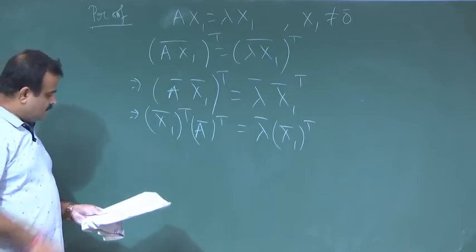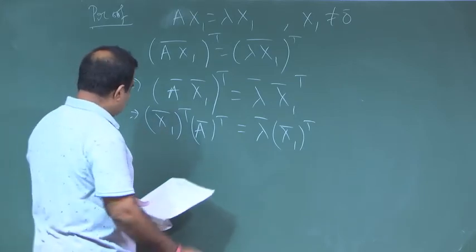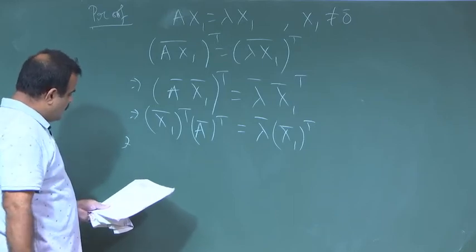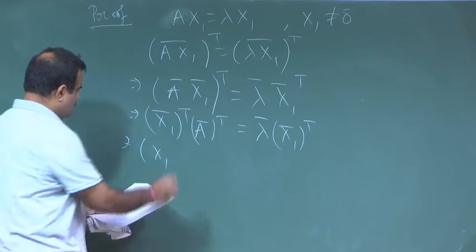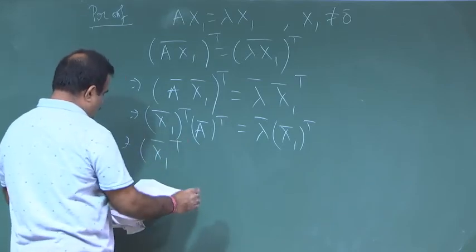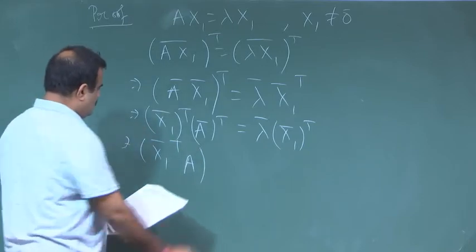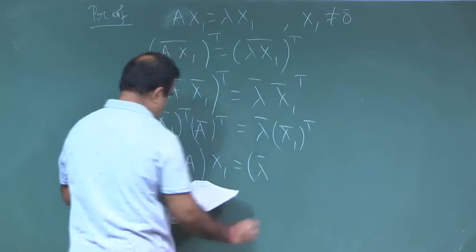Okay. So, now this we can write as x 1 conjugate transpose A x 1 equal to lambda bar.